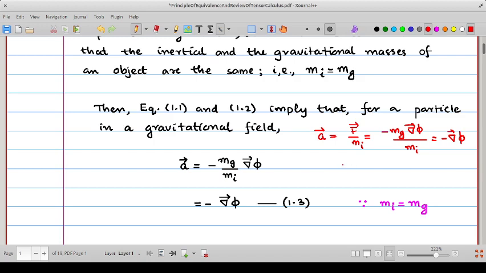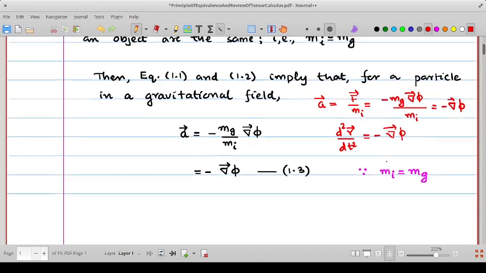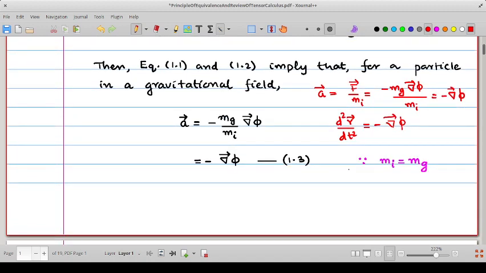That is, there is no other force, only the gravitational force is present, and in that case, for any particle, whatever its mass, it satisfies the following differential equation: A, which is d²r/dt², is equal to minus the gradient of phi. Now this has a unique solution given proper initial conditions.